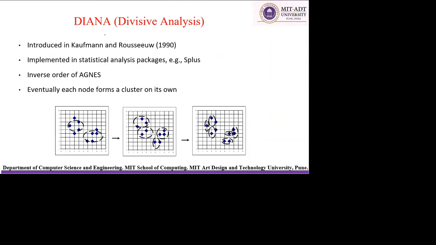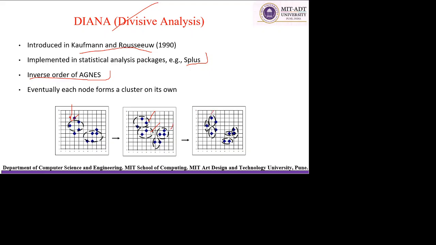Now the DIANA or divisive analysis is again given by Kaufman and Rousseeuw. Again it uses the statistical analysis package S-Plus, so we can have a direct implementation of this algorithm. It is the inverse order of the AGNES algorithm. So we have the larger clusters at the start, then we are going to split them into smaller clusters.